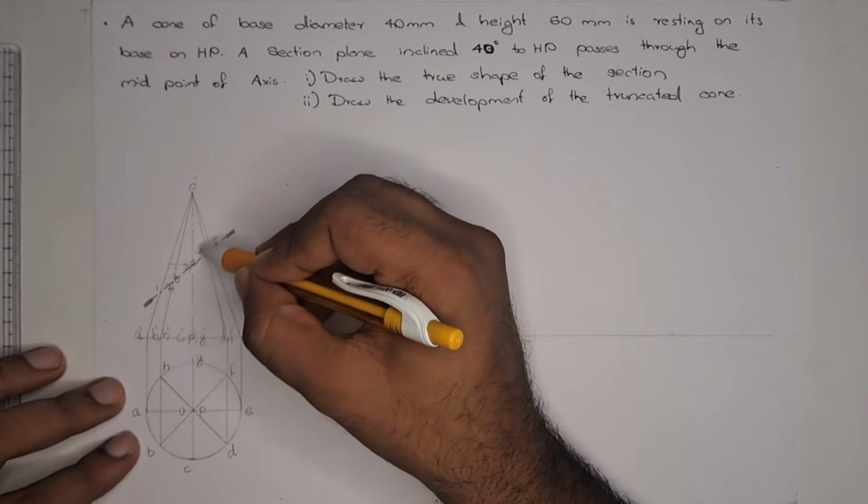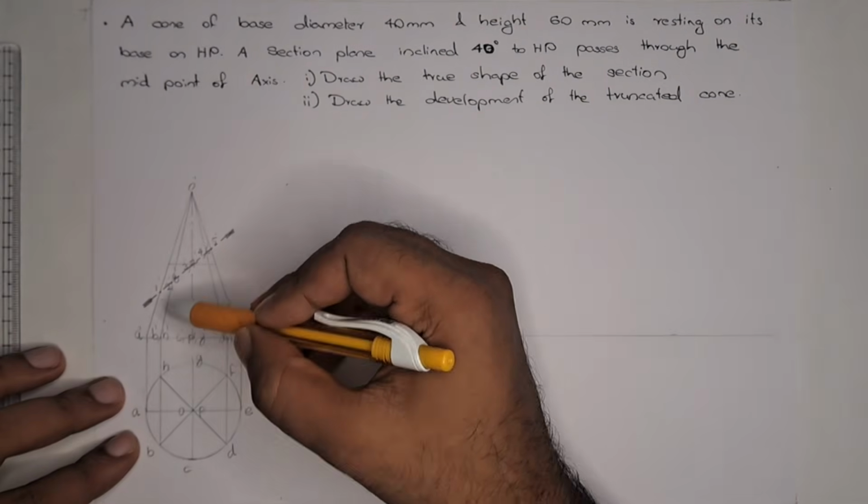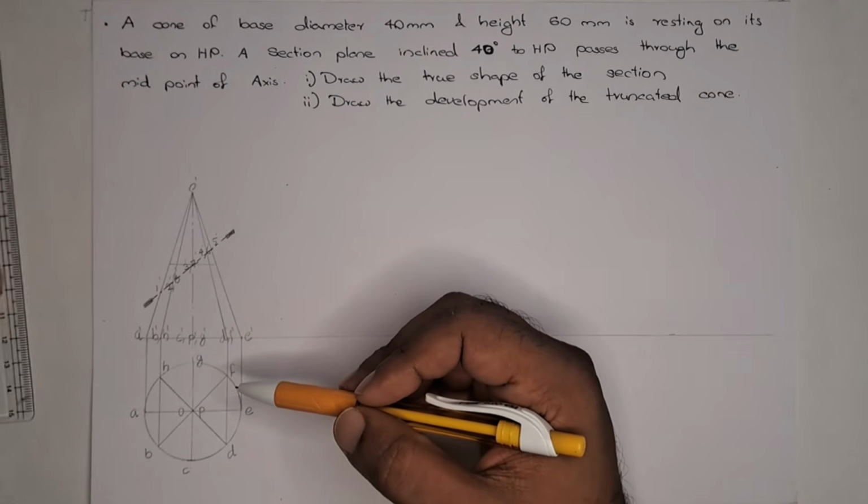So we mark the points over here. Then we need to find the top view of the section, so we have to mark the lines here.